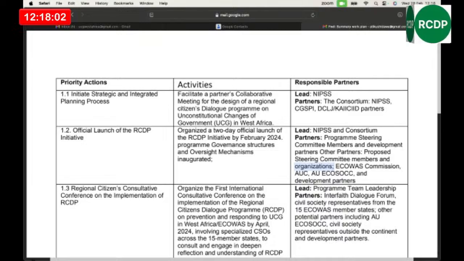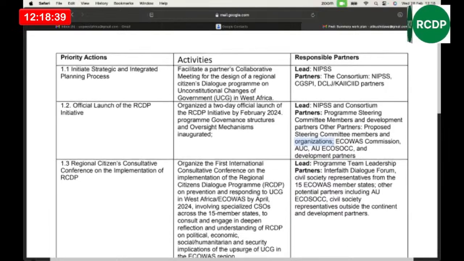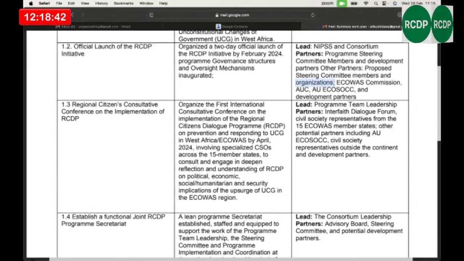And of course, a very major activity following this launch would be a regional consultative conference on the implementation of the program itself. This will involve really engaging all civil society actors, members of the Rcdp and friends of Rcdp at a regional conference that we hope will then strategize and come up with practical steps to implement the program itself and how it has been conceptualized.